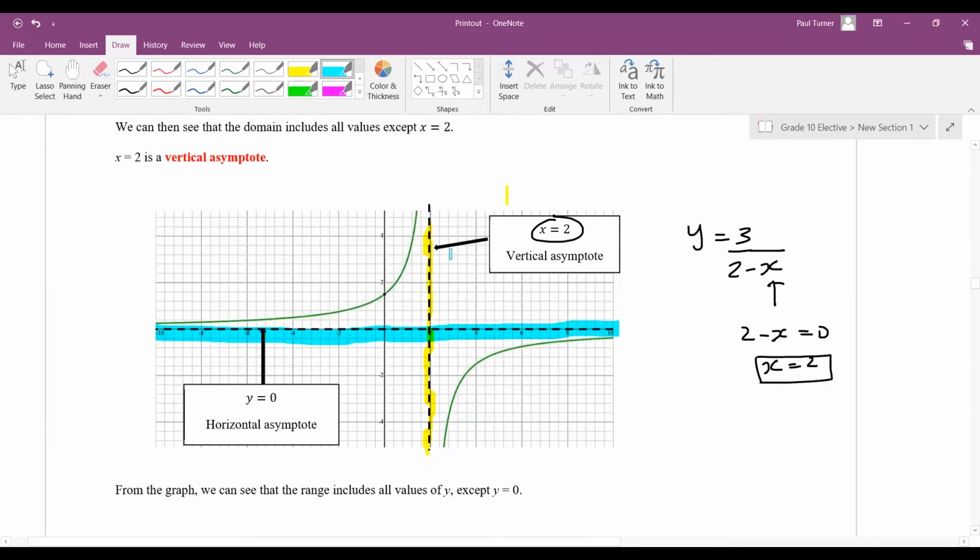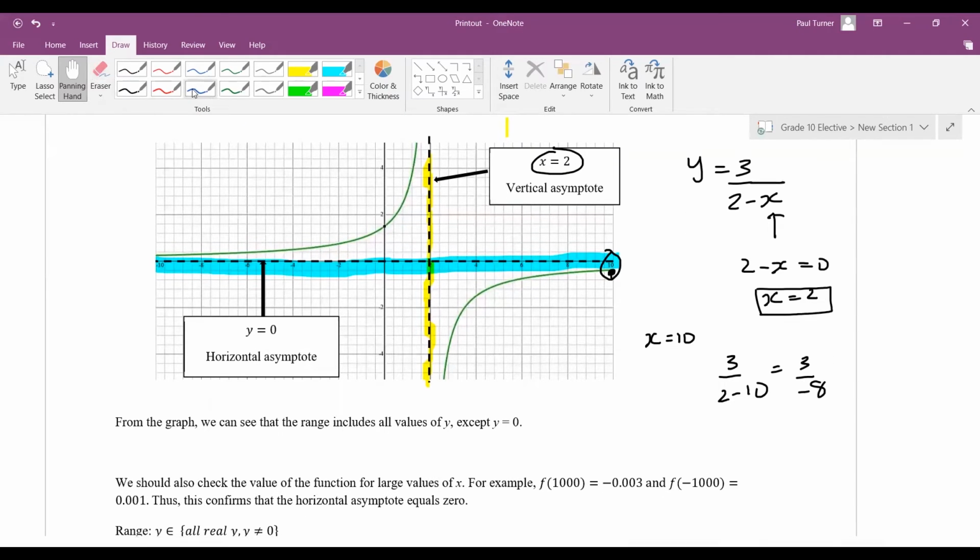So if you choose a few values, let's look at this graph. What if, in this case, x equals 10? Look at that number there. So let's think about how to draw this graph quickly. If x is 10, you'll have 3 on 2 minus 10, 3 on minus 8, which is a small number. It's here, there. What if x was 100?